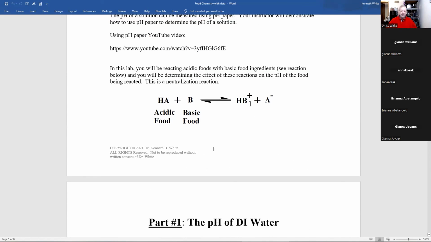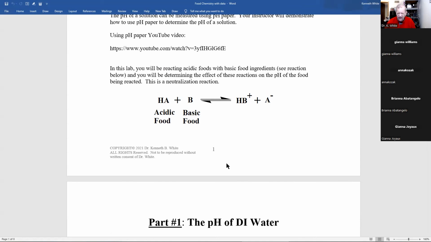And what this should do is change the pH. Now, the other thing, and I'll explain in a second, you'll be determining if an additive, something you're adding to the food, is a strong base or a weak base.